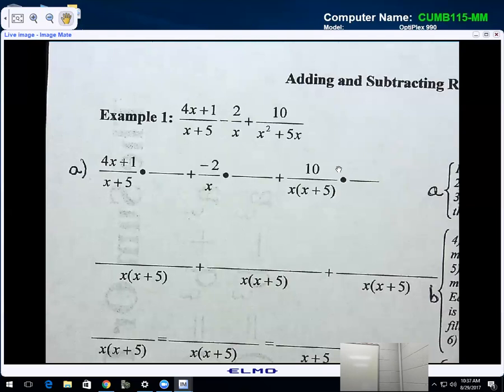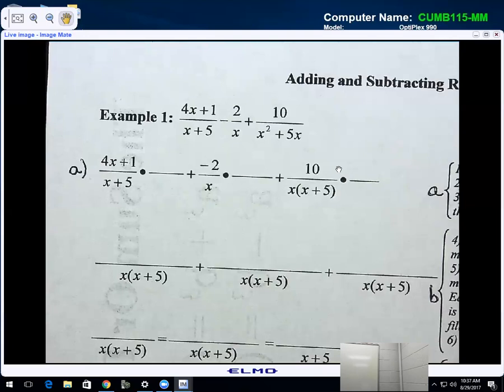Step 5 is the hardest to put in words, but it basically says, look at this first denominator and tell me what you have to multiply this fraction by to make it have this denominator. What's it lacking?